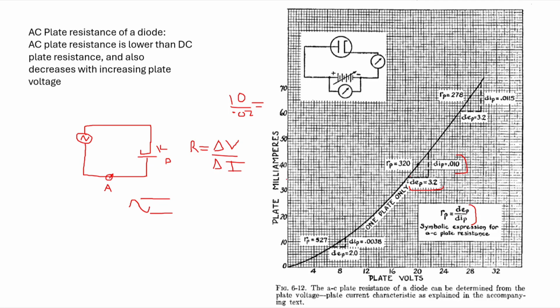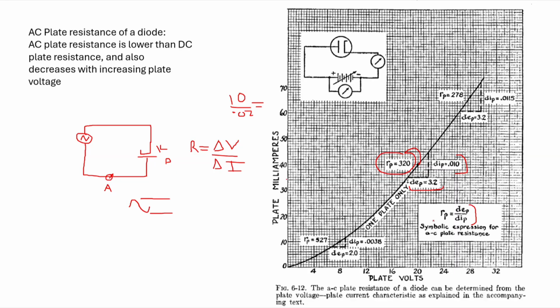So let me run that number. I'm going to take my calculator and take 3.2 and divide it by 0.01, and I get 320. And there it is. Plate resistance at that point in the middle is 320 ohms.